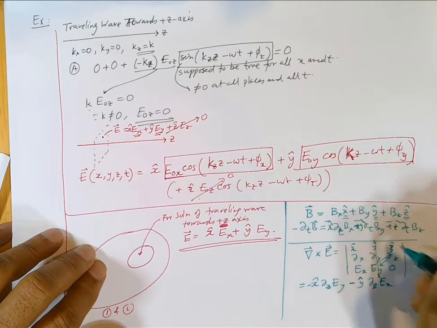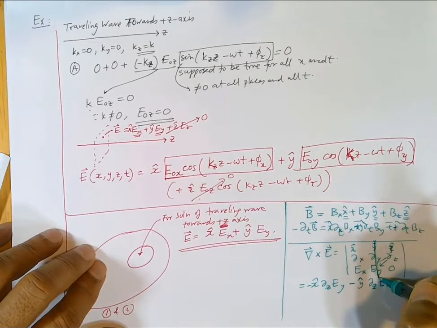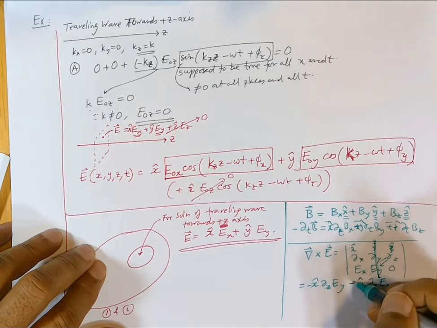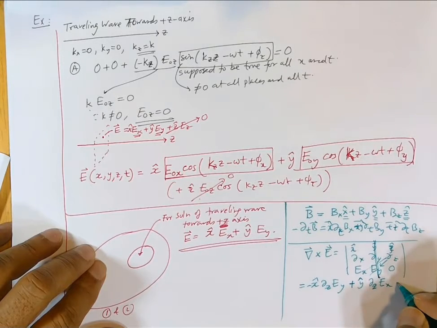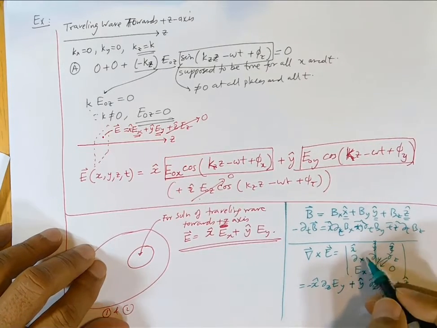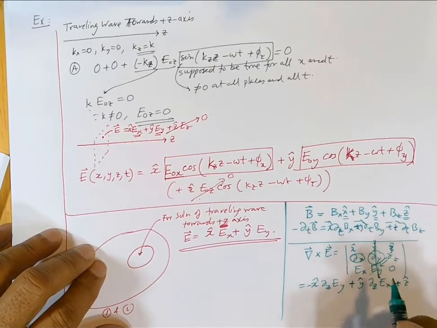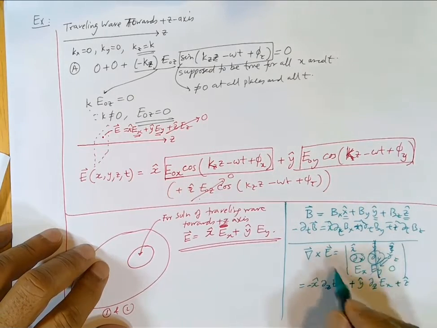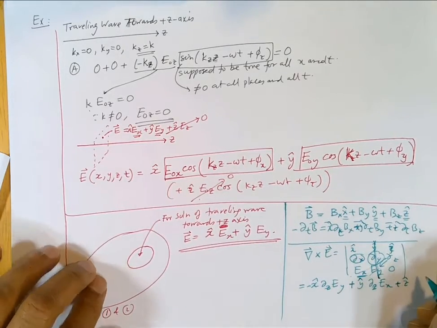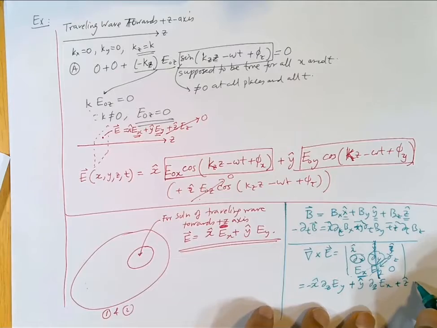Is that correct? If I do it this way, minus y hat and this minus, so this will be plus, and when you go to z hat, this derivative is in x, and our electric field doesn't depend on x in our example, so this is 0.